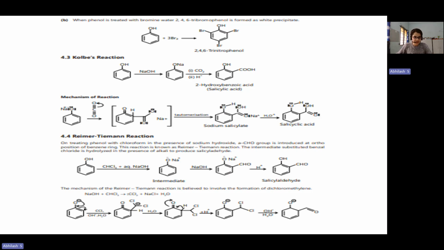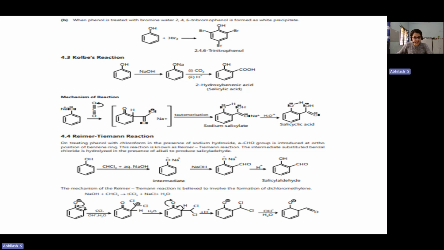This is the most important reaction that can be asked in your exams. And another most important reaction is the Reimer-Tiemann reaction. What is this Reimer-Tiemann reaction? When phenol is treated with chloroform and aqueous sodium hydroxide, it leads to the formation of the same intermediate as in Kolbe's reaction, that is, the sodium phenoxide intermediate.